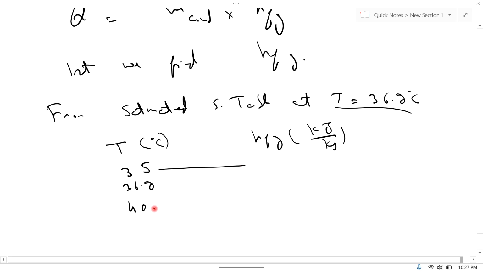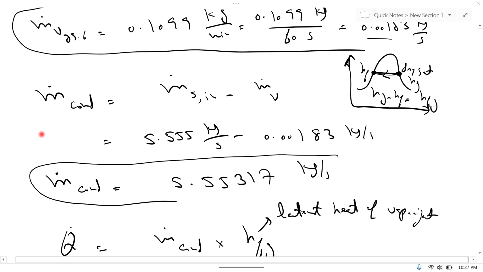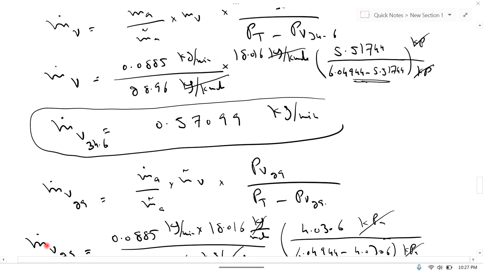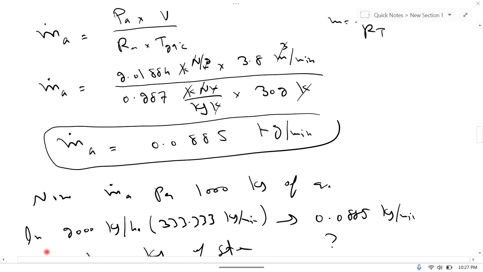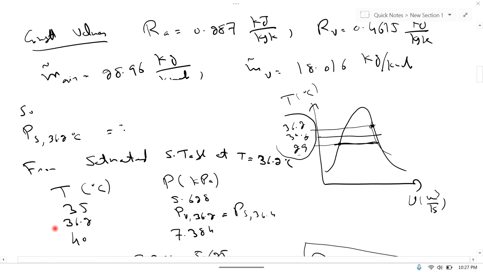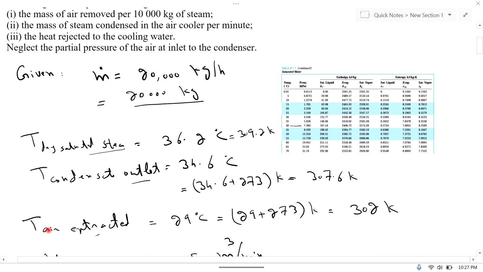So at 35 the value of hfg is 2418.62, and at 40 this value is 2406.72, and we will interpolate between these two values.